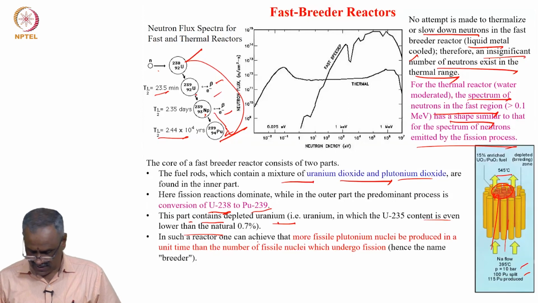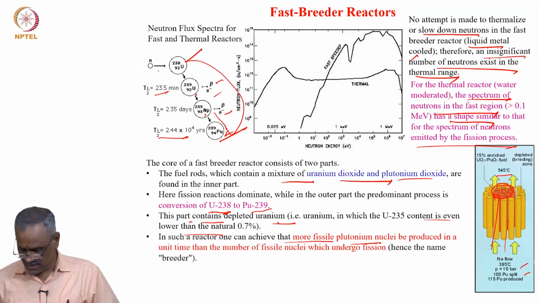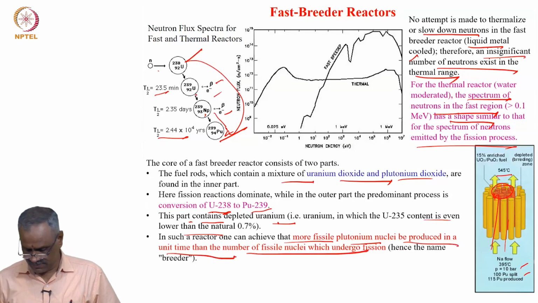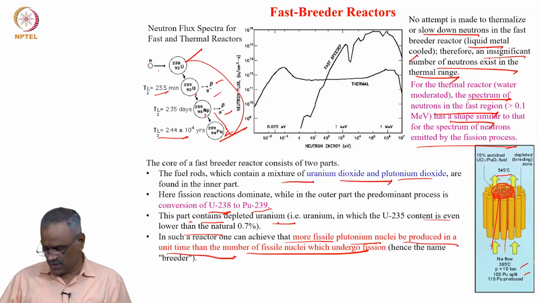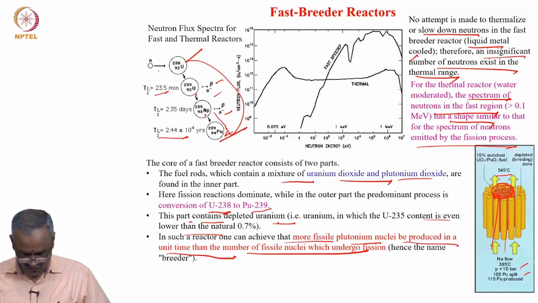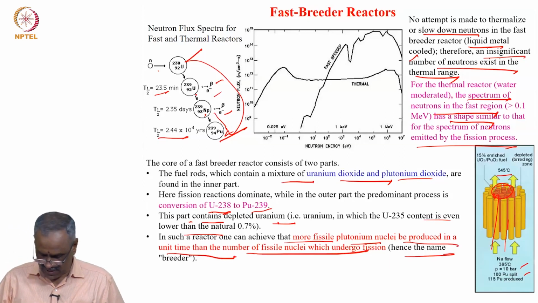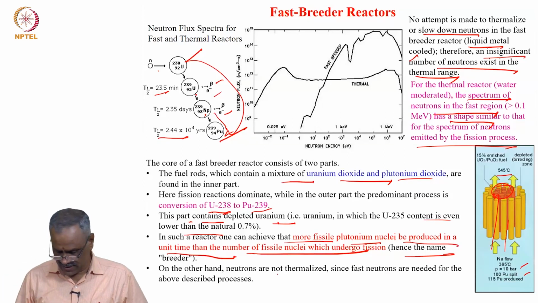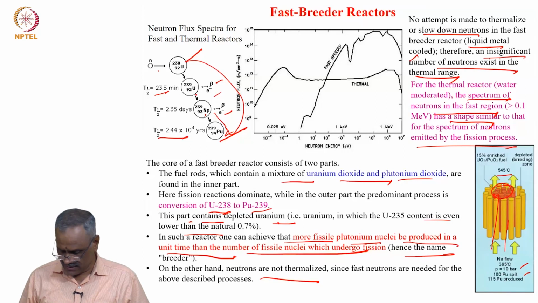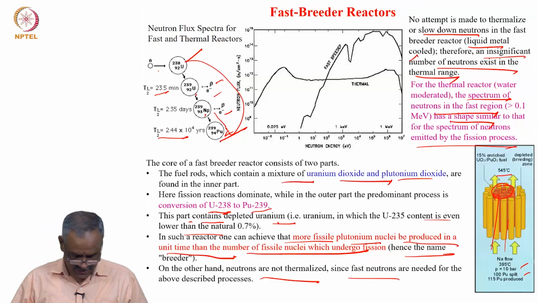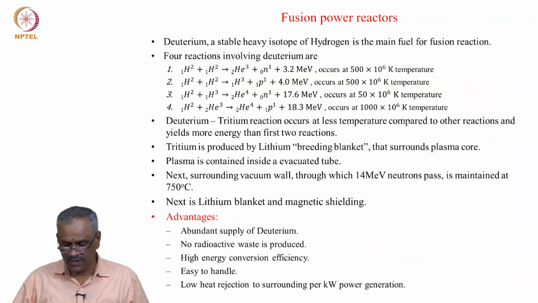In such cases, more fissile plutonium nuclei are produced in unit time than the number of fissile nuclei which undergo fission. That is why it is called a fast breeder reactor. It breeds faster and converts into plutonium. On the other hand, neutrons are not thermalized. Since they are fast and are needed for the process described above and for fission, this is called a fast breeder reactor.